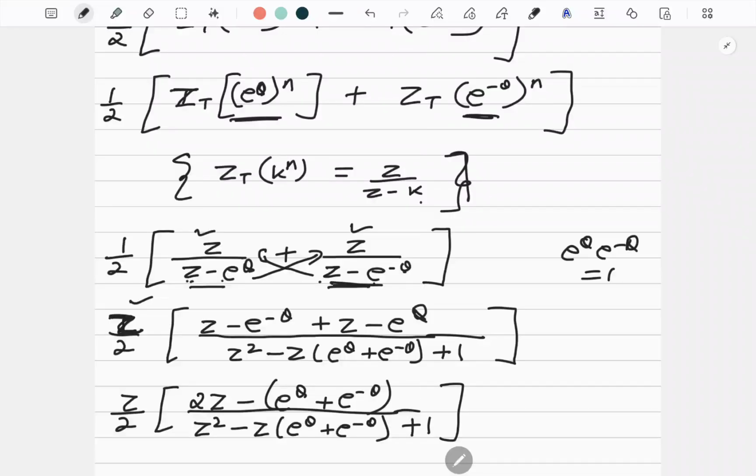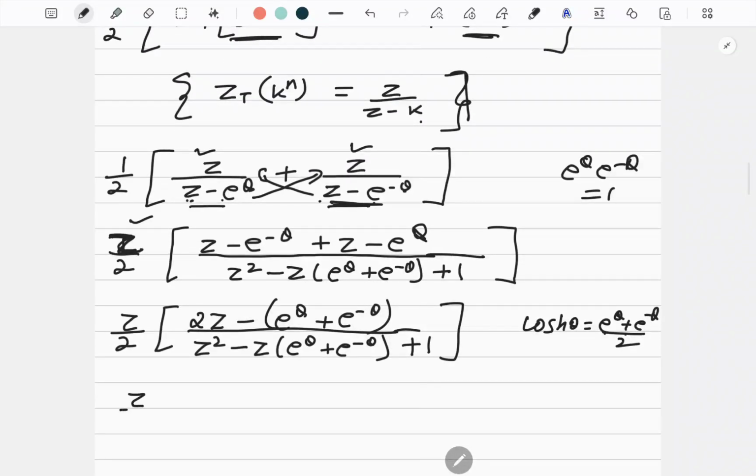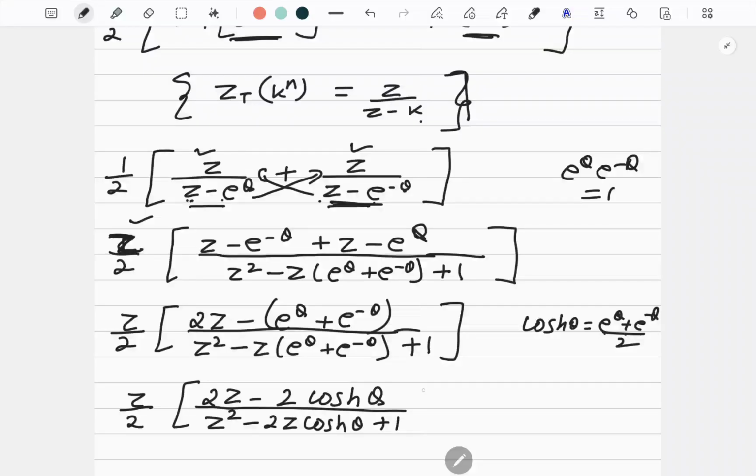Now again apply the reverse of cos hyperbolic. Okay, what is cos hyperbolic theta? It is e to the power theta plus e to the power minus theta upon 2. So what is e to the power theta plus e to the power minus theta? 2 cos hyperbolic theta. That I will substitute here. So z by 2, okay, in bracket 2z minus 2 cos hyperbolic theta upon z square minus 2z cos hyperbolic theta plus 1.